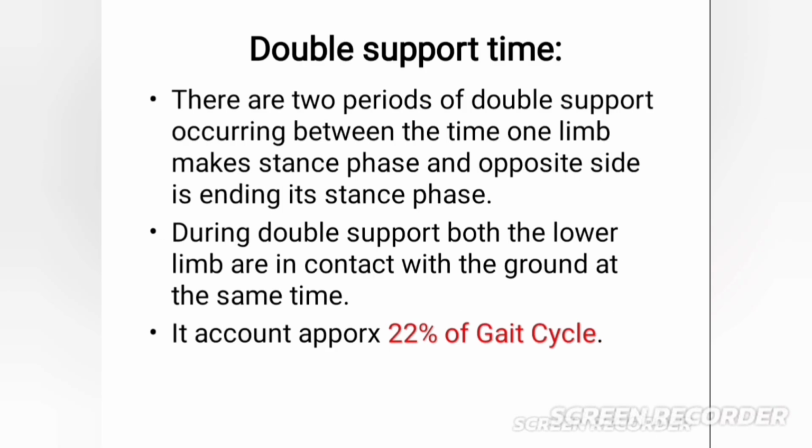Then another terminology is the double support time. There are two periods of double support time, occurring between the time one limb starts its stance phase and the opposite side is ending its stance phase.